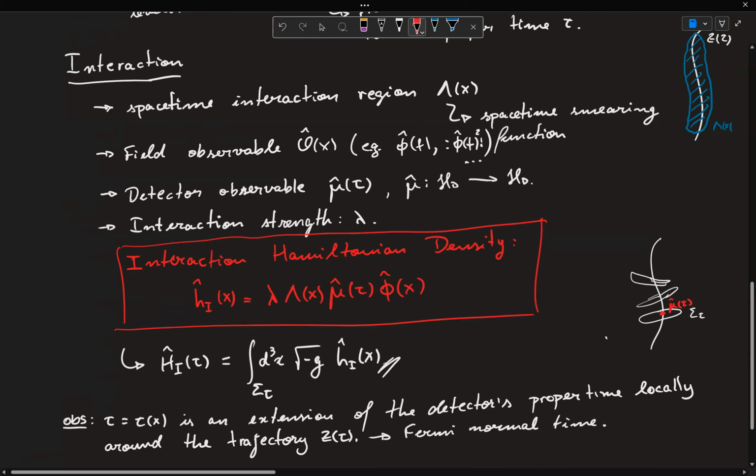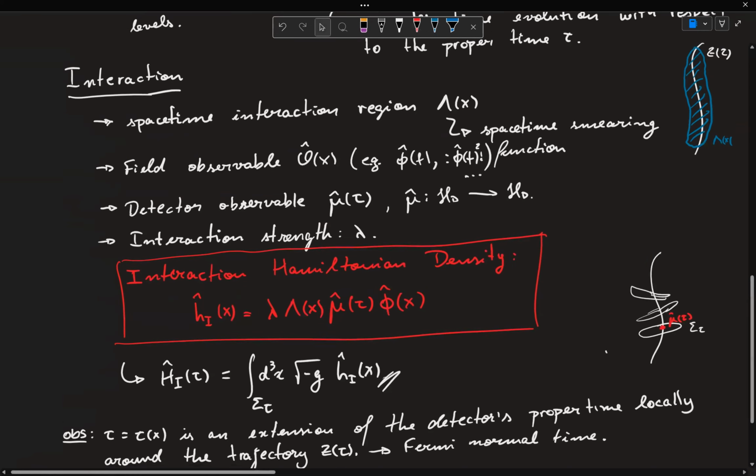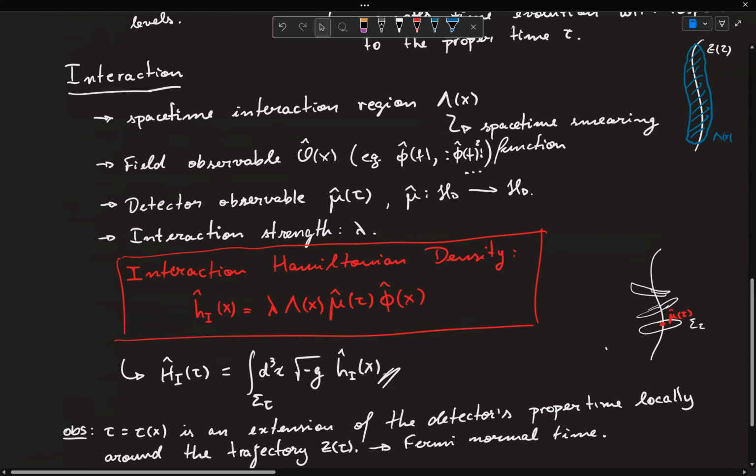Yeah, but if you multiply by this lambda of x and you need an extension of tau, in mu of tau there is no explicit dependence on the other coordinates like x, right? I see what you mean. In a specific coordinate system, there isn't.